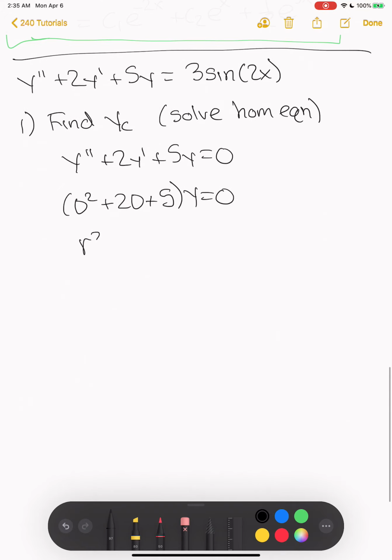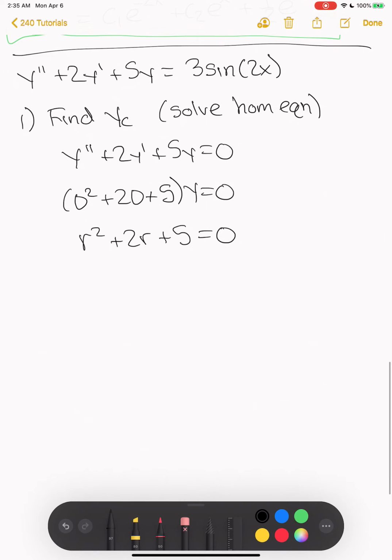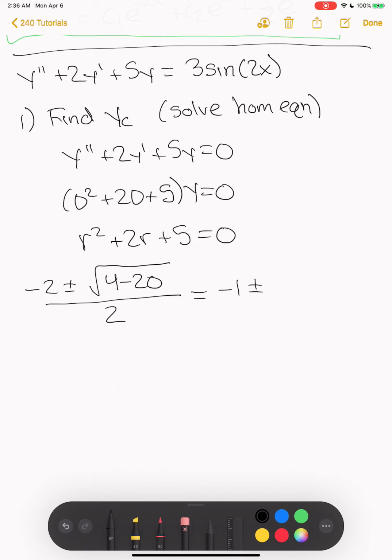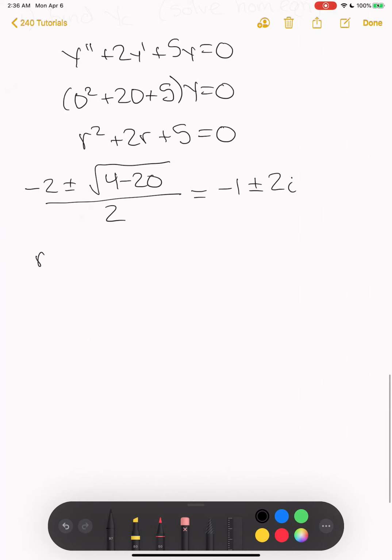And so my auxiliary polynomial is r squared plus 2r plus 5 equals 0. Using the quadratic formula, negative 2 plus or minus the square root of 4 minus 20, over 2a, gives me -1 plus or minus 2i. So I've got two distinct roots here: r1 is -1 plus 2i, and r2 is -1 minus 2i.